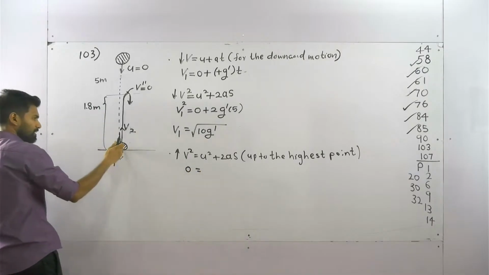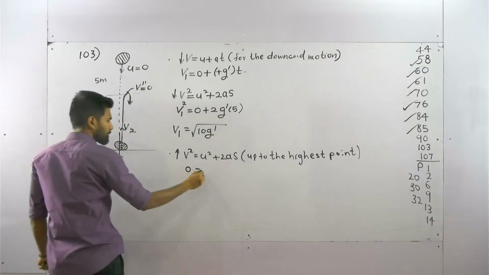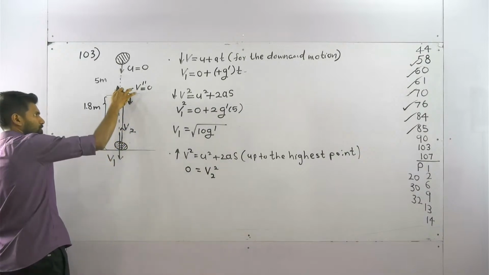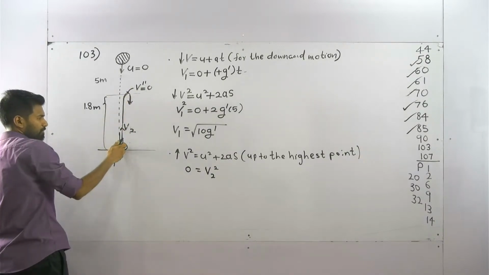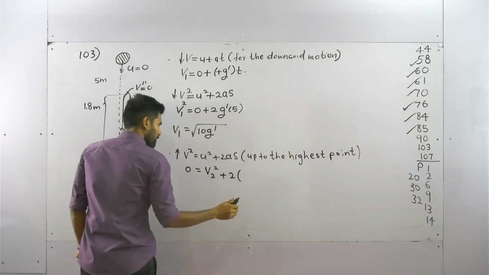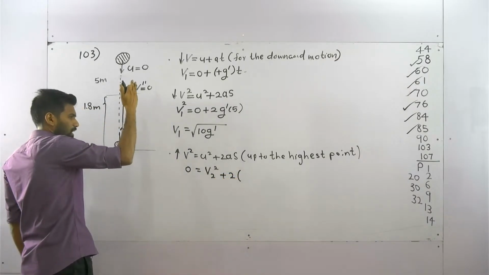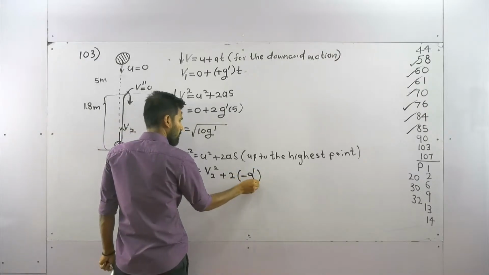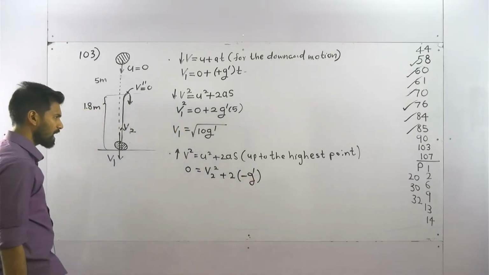The initial velocity that it bounces from the ground is v2. At the highest point, its velocity is 0. When the motion is upward from the ground, acceleration of gravity is minus g dash. We don't know the value, anyway it's minus, so minus g dash.